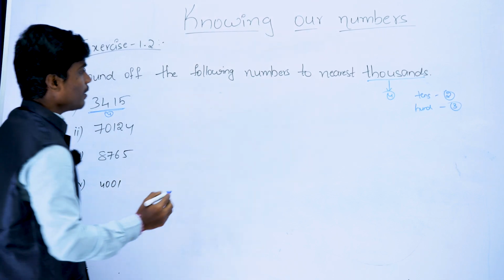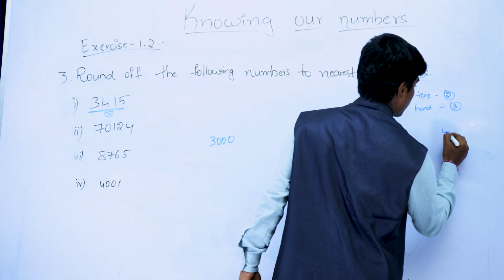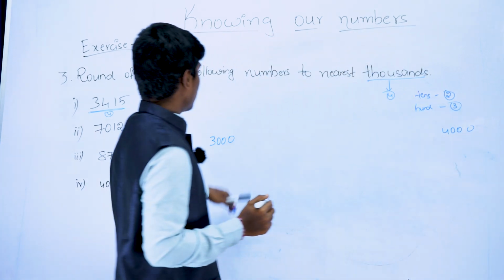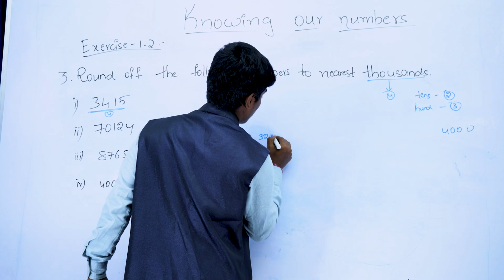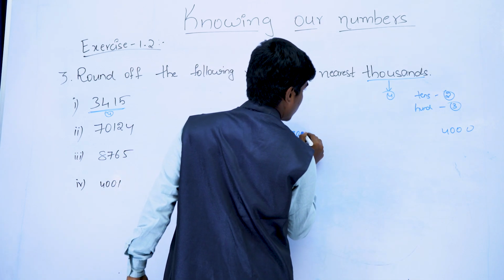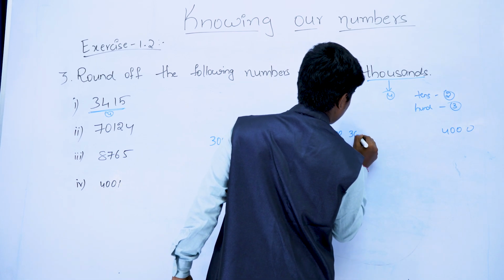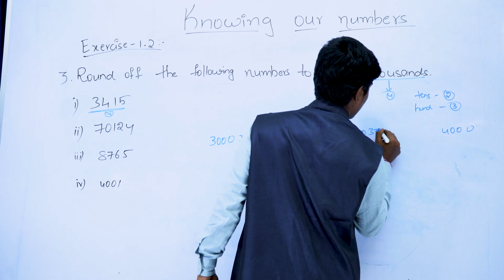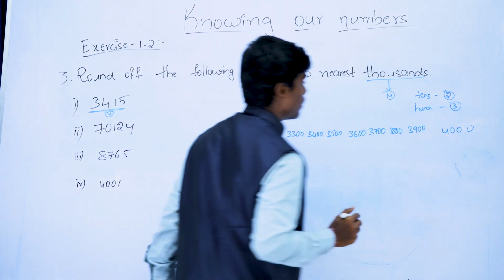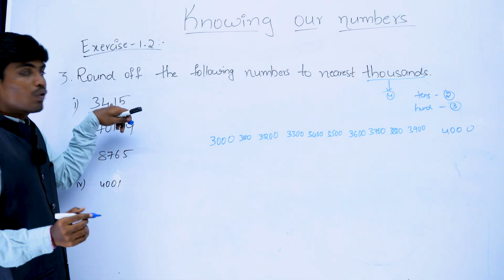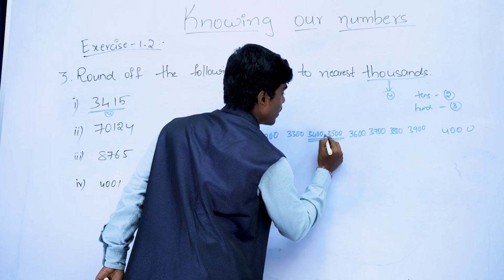3,415 lies between 3,000 and 4,000. The between numbers are 3,100, 3,200, 3,300, 3,400, 3,500, 3,600, 3,700, 3,800, 3,900. Here 3,415 lies between 3,400 and 3,500.